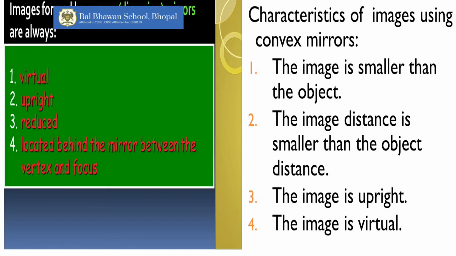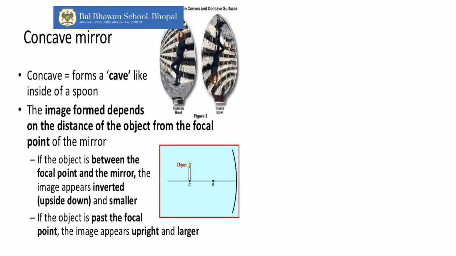That is, the image is formed when the rays appear to meet at a point; in reality, they do not meet at a point. So here again, the image is virtual, erect, reduced, and it is located behind the mirror between the vertex and focus.